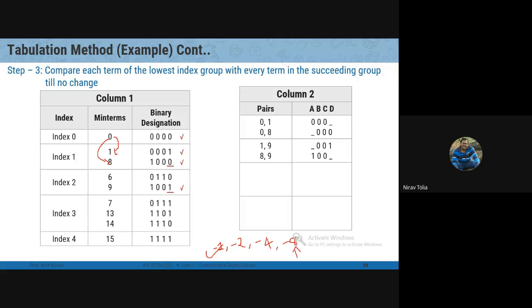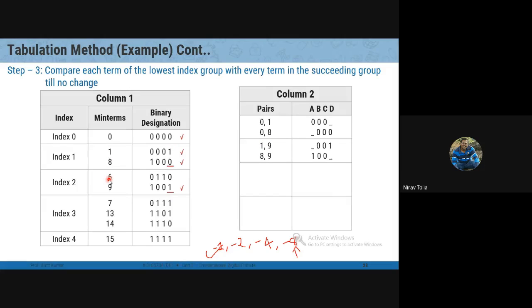So the pair is possible. Then again 1 with 2. 1 minus 6, my answer is minus 5, so the pair is not possible. 1 minus 9, my answer is minus 8, so the pair is possible. So 1 and 6, pair is not possible, only 1 and 9.